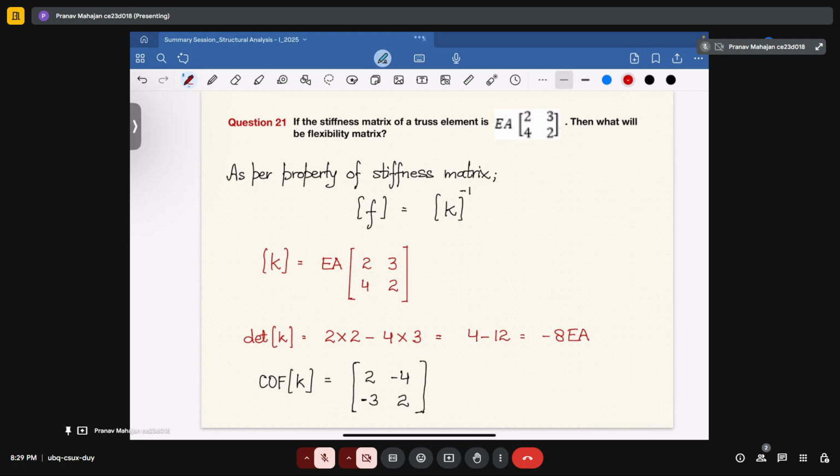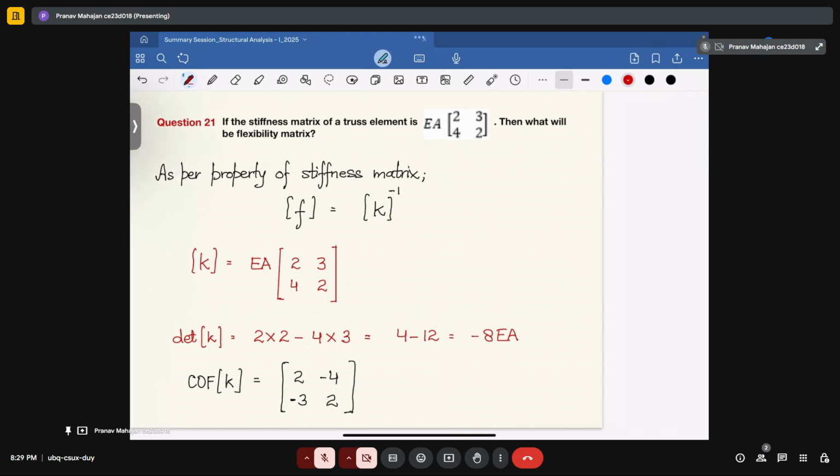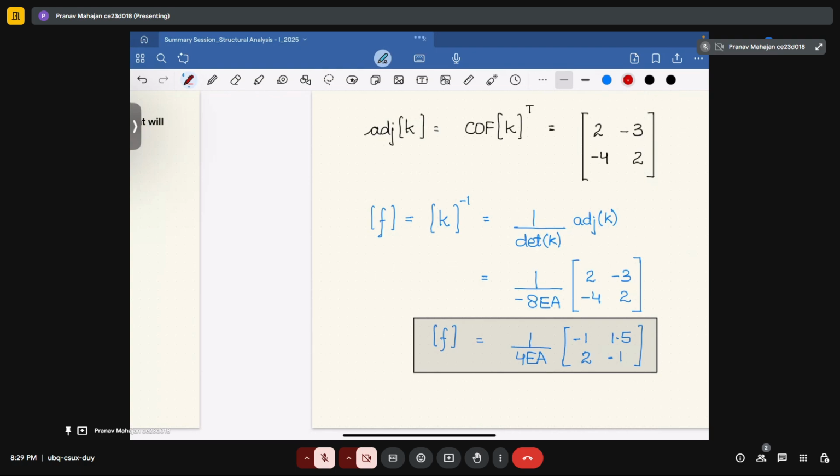Then to determine the adjoint of the stiffness matrix, first we have to calculate the cofactors of the stiffness matrix. If we calculate the cofactors, they come out to be 2, minus 4, minus 3 and 2 respectively.